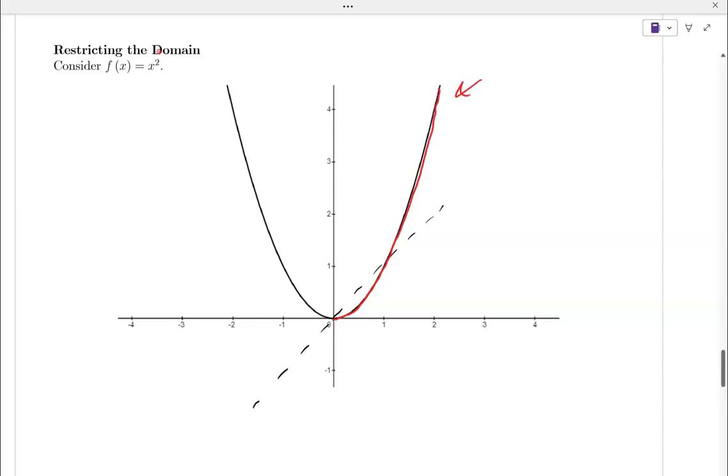Okay? We restrict f of x equals x squared to the interval 0 to infinity.